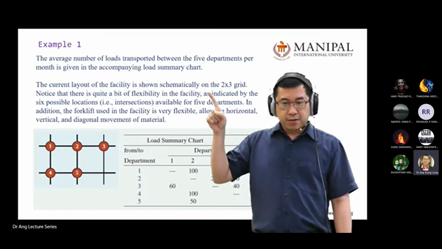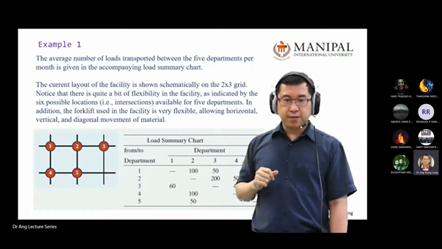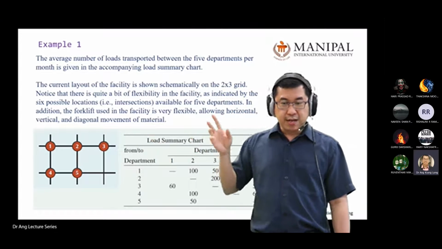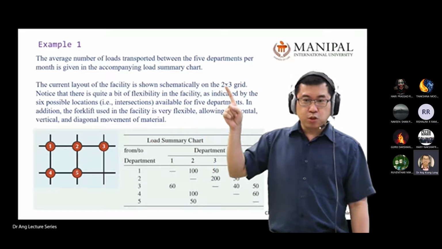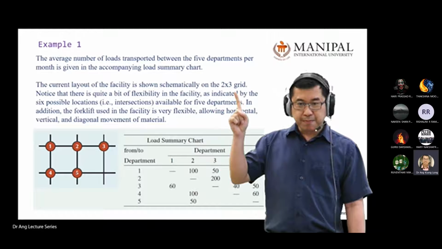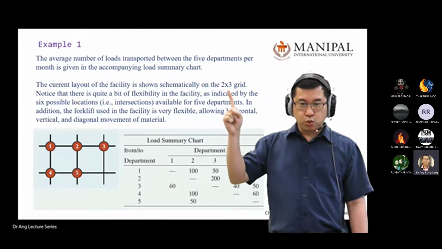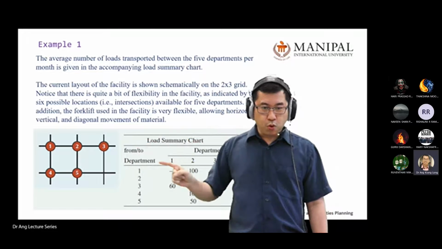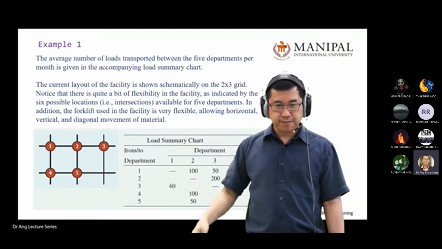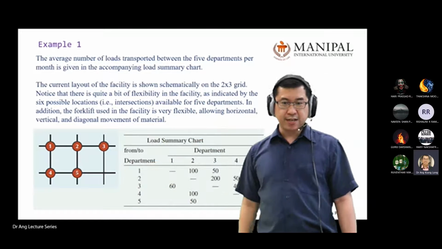We will specifically give you a limited space to move around. In this case, we give you a grid. A 2 times 3 grid means you have to be careful. 2 times 3 means 2 rows, 3 columns. Row and column, make sure you have a clear idea what is row and column. 2 means 2 rows, 3 means 3 columns. What happens if I flip this one? It will be a different setting already.